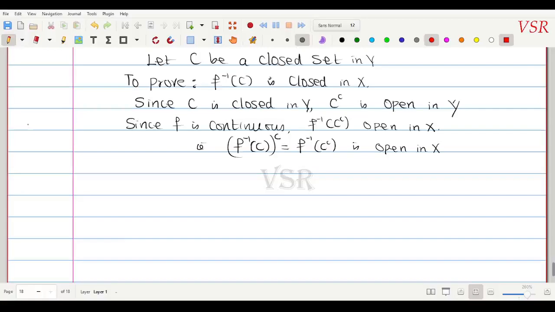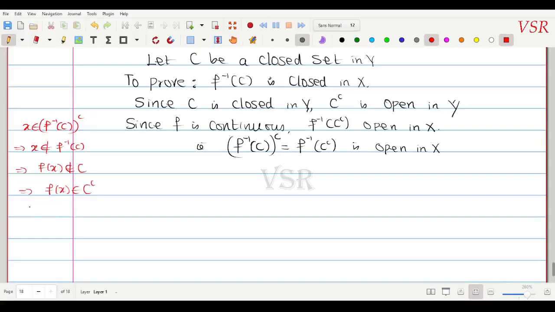Suppose x belongs to f inverse of C, the whole complement. What does that mean? This implies that x does not belong to f inverse of capital C. So this implies that f of x does not belong to capital C. So this implies that f of x belongs to C complement.